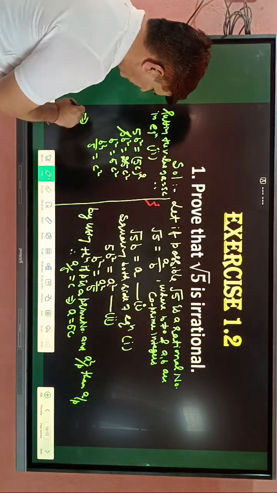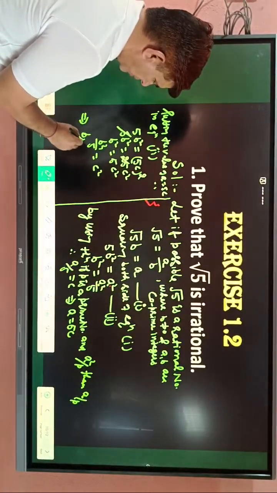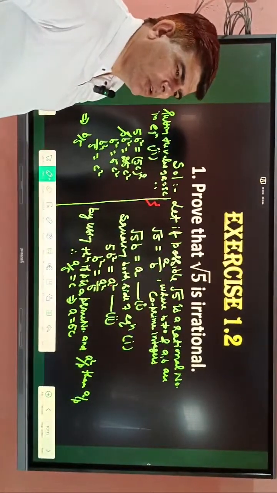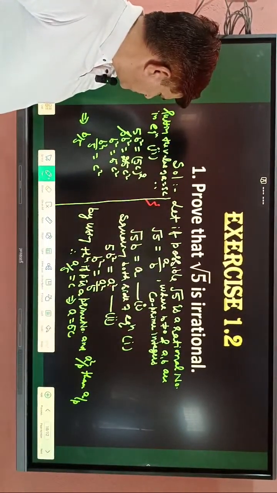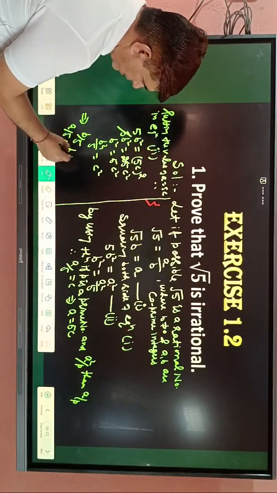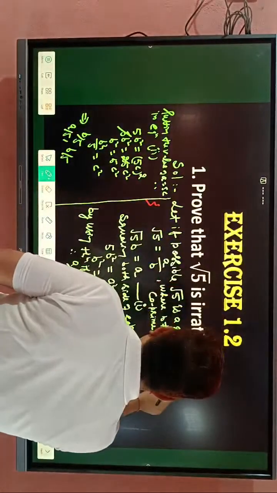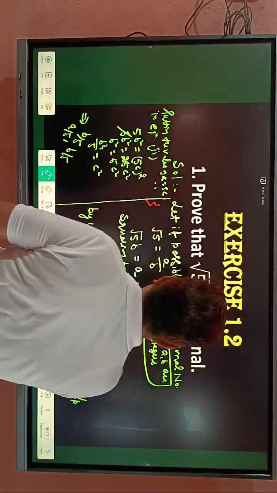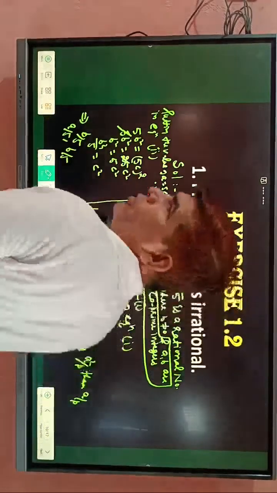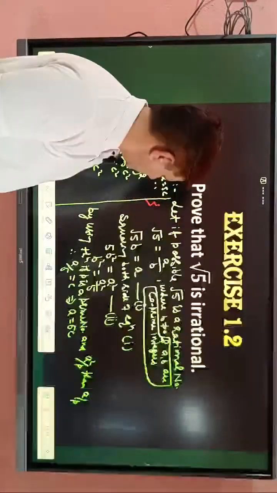By using the same theorem, b is also divisible by 5. a is also divisible by 5, b is also divisible by 5. But according to our assumption, a and b are co-prime integers. So it contradicts. Hence our assumption is wrong.